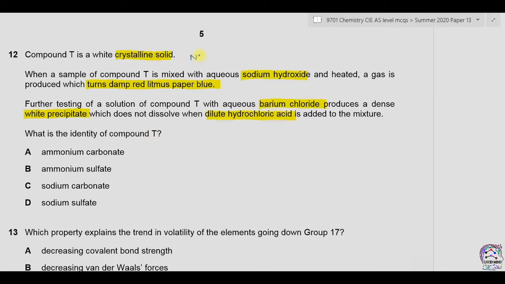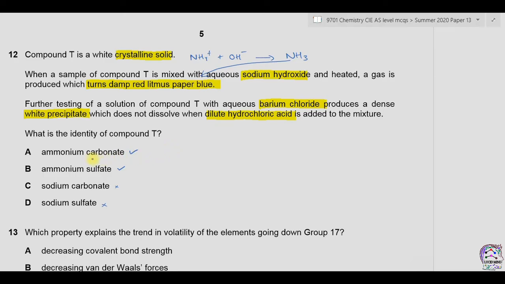Now we know that whenever we have an ammonium salt present and it is heated in the presence of aqueous sodium hydroxide, ammonia gas is released. And ammonia gas turns damp red litmus paper to blue. So it means compound T could be a salt of ammonium ion. So it could be ammonium carbonate or ammonium sulfate. It is not sodium carbonate or sodium sulfate.